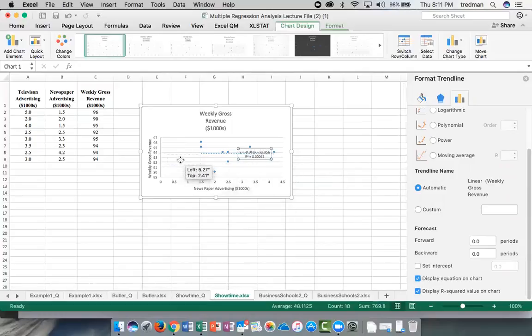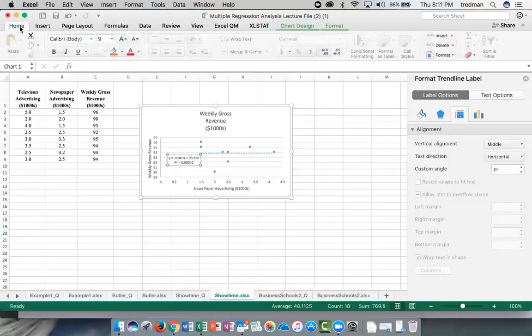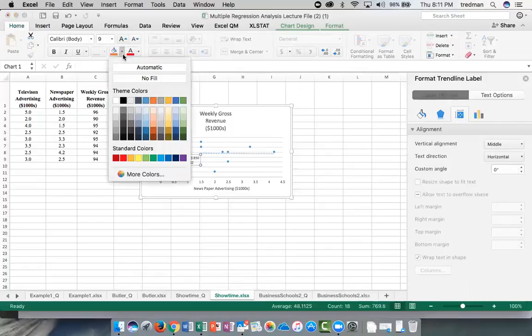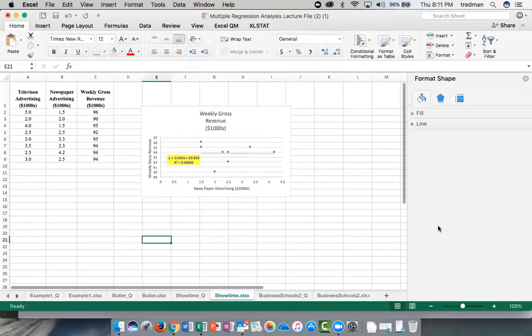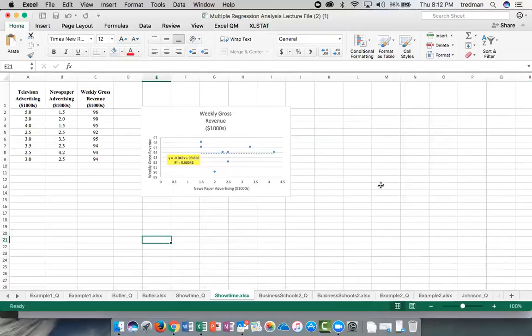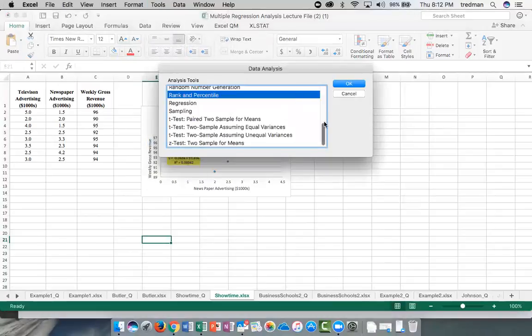When I do that, I see a very, very small R-square, 0.00042. So there's essentially no linear relationship here. Then to continue on with that, I'm going to use data analysis tools and use the regression tool.